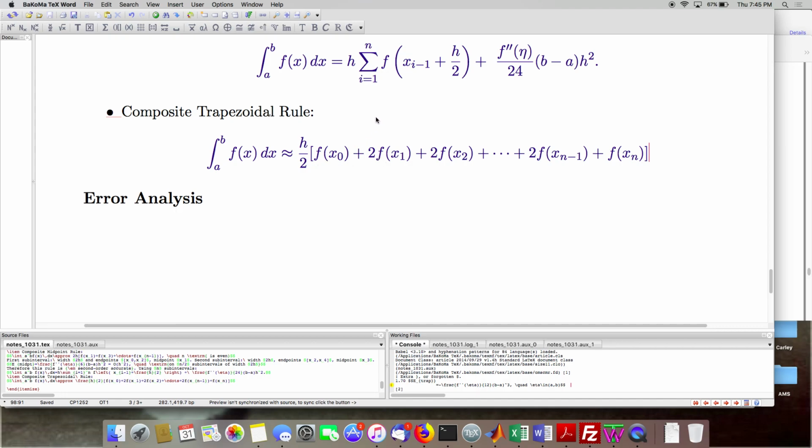Second trapezoid, f of x1 again, f of x2, so left and right, divide by 2, and so on. The point is, each one of these in the interior is used by 2 trapezoids. It's shared between them. That's why it gets a coefficient of 2. F of x naught and f of xn are involved in only one trapezoid, so they have a weight of 1.